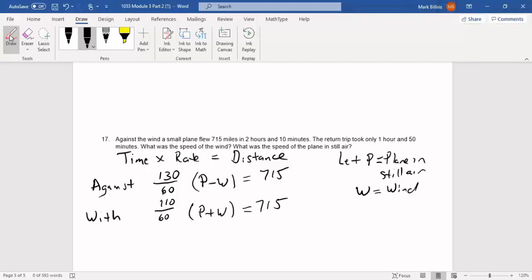So just like we talked about before, when we solve an equation where the coefficient is a fraction, we can multiply by its reciprocal. So what I'm going to do is multiply both sides by the reciprocal of the time. So I'm multiplying the first one by 60 over 130, and I'm going to multiply the second one by 60 over 110.